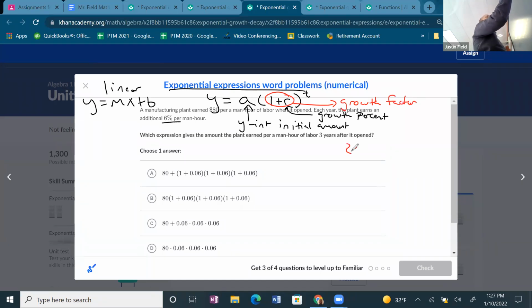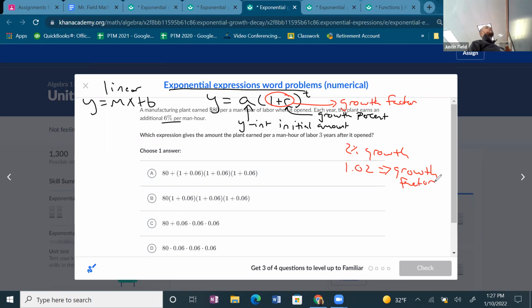So if you had 2% growth, then 1.02 would be your growth factor. Just simply adding 1 to the number. And if you have a decay, a percentage decrease, you just subtract the number from 1.